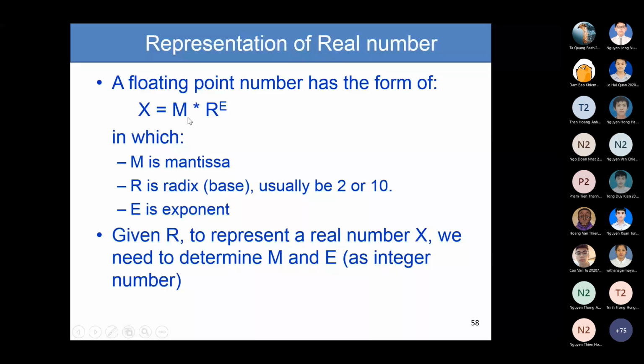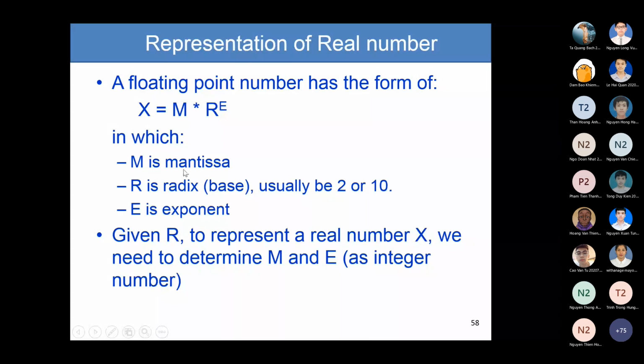Okay, so in Vietnamese we say m is phần định trị. R is the base, so in Vietnamese cơ số, right? E is the exponent, so in Vietnamese it is phần mũ. So for a floating point number, there are three pieces of information, three numbers that are used to represent it, that is mantissa, radix, and exponent.